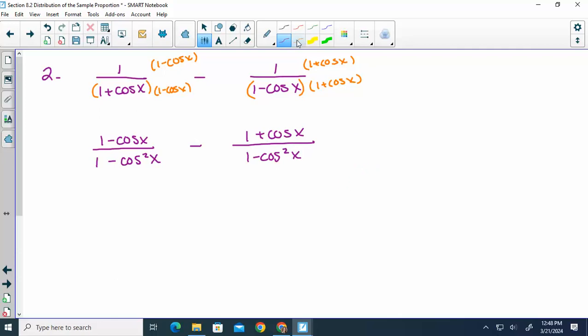Okay, we want to subtract, so I'm going to make this a plus and distribute a negative. We have the same denominator, so we can put them together. Positive 1 and negative 1 cancel. Negative cosine plus negative cosine, 2 negative cosine. On the bottom, what is 1 minus cosine squared? Sine squared.